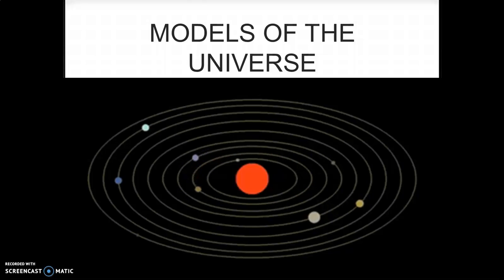Scientists use models to predict a phenomenon or event such as the origin of the solar system.